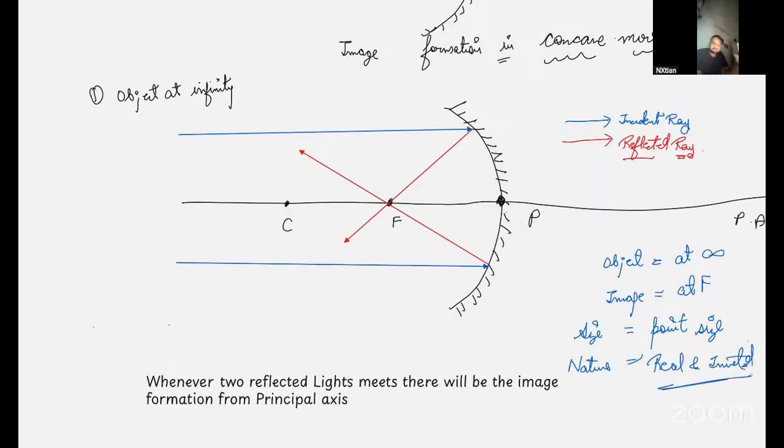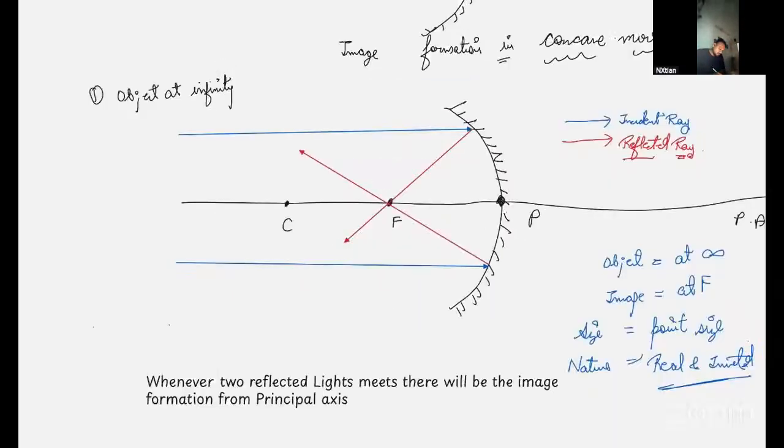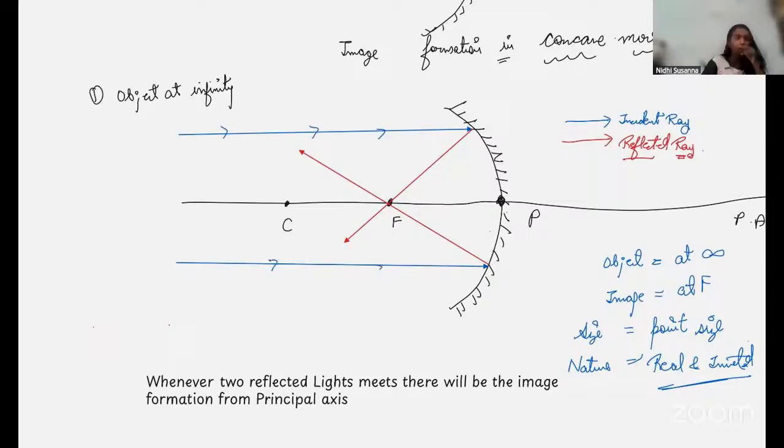Now, who didn't understand? Ask me. Guys, you have to make arrows, okay? Proper arrows are needed. So the image is formed in front of the mirror, right? Yeah, in front of the mirror.